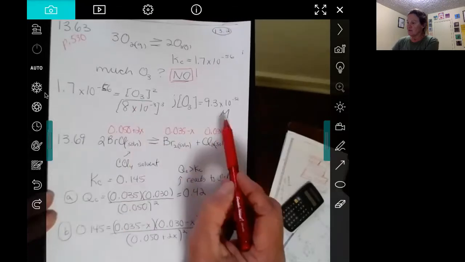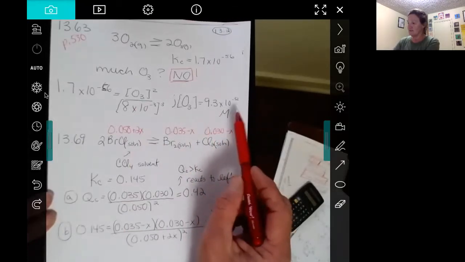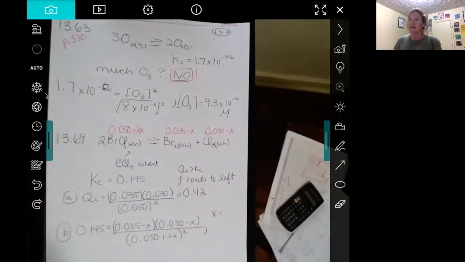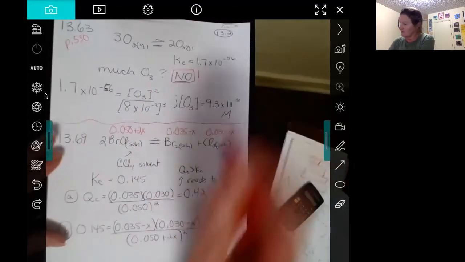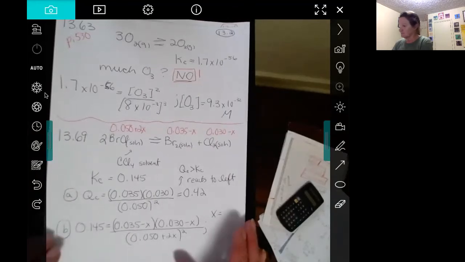If you solve for ozone, you get a concentration of 9.3 times 10 to the minus 32 molar. So pretty much no ozone is in the lower atmosphere as a result of just oxygen breaking apart and forming ozone. So that's just a problem to think about the size of an equilibrium constant.